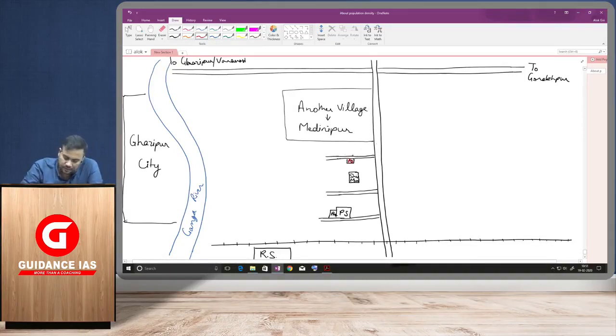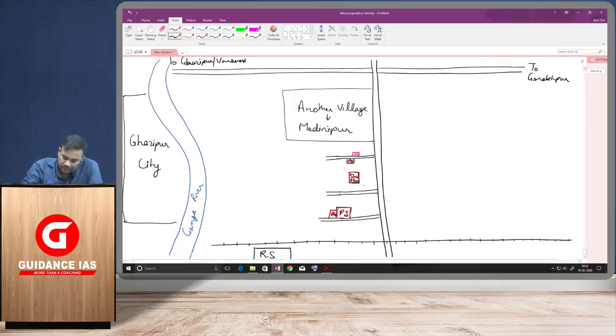Here just in front of the post office is a veterinary center. So this is your primary health center, this is the primary school, and here lies the Shiv Mandir. These are important cultural institutions which are located in the village site.